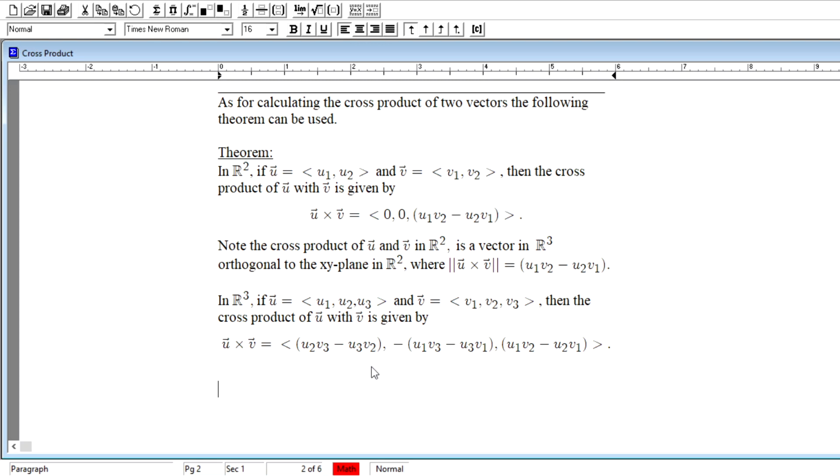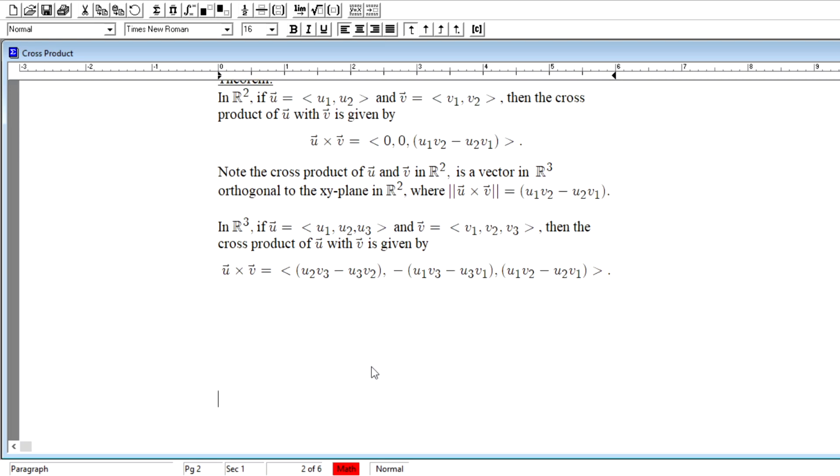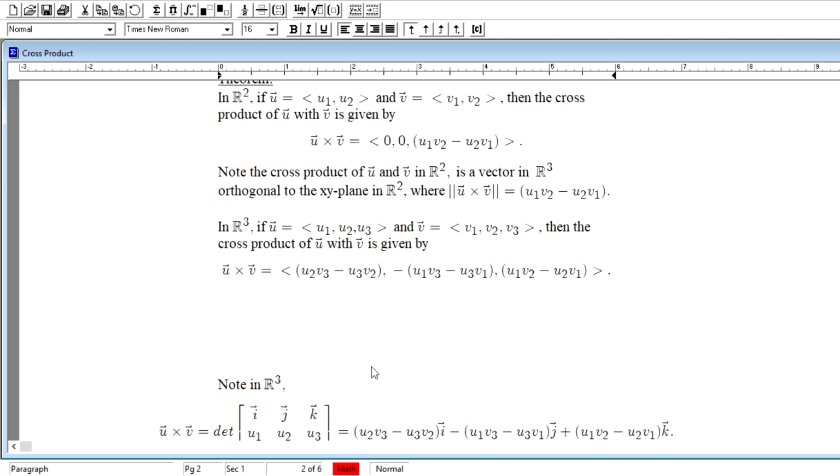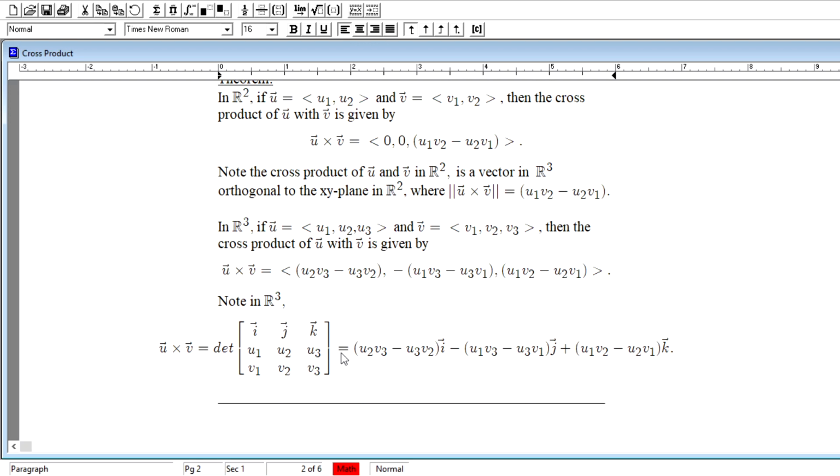All right. One other thing we note about the cross product calculation is it is what we call a determinant calculation.